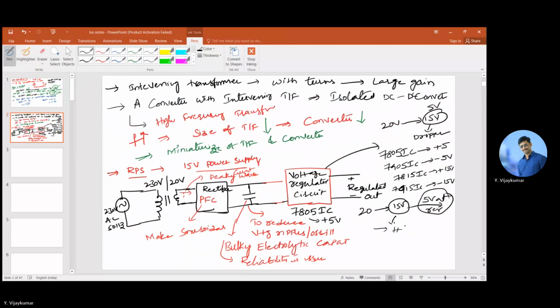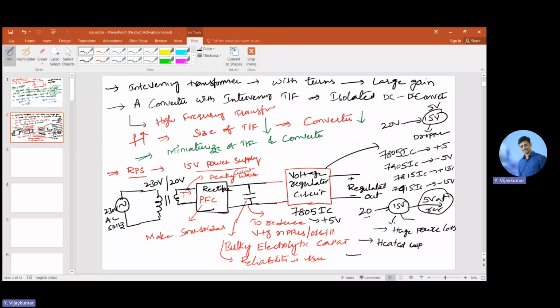You gave 20 volts, 15 volts is dropped, and you get 5 volts as output. That creates a huge power loss, and when there is power loss, heat is produced, so the circuit will be heated up.